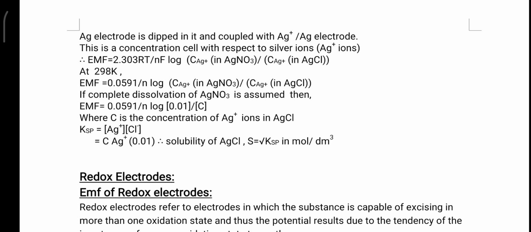If you know the right hand side value, then it is possible to calculate the solubility product. By knowing the value of solubility product, it is then possible to calculate the solubility of this sparingly soluble salt. That is, the solubility of AgCl is equal to the square root of the solubility product of AgCl. The unit of this is moles per dm cube. So with this I conclude.